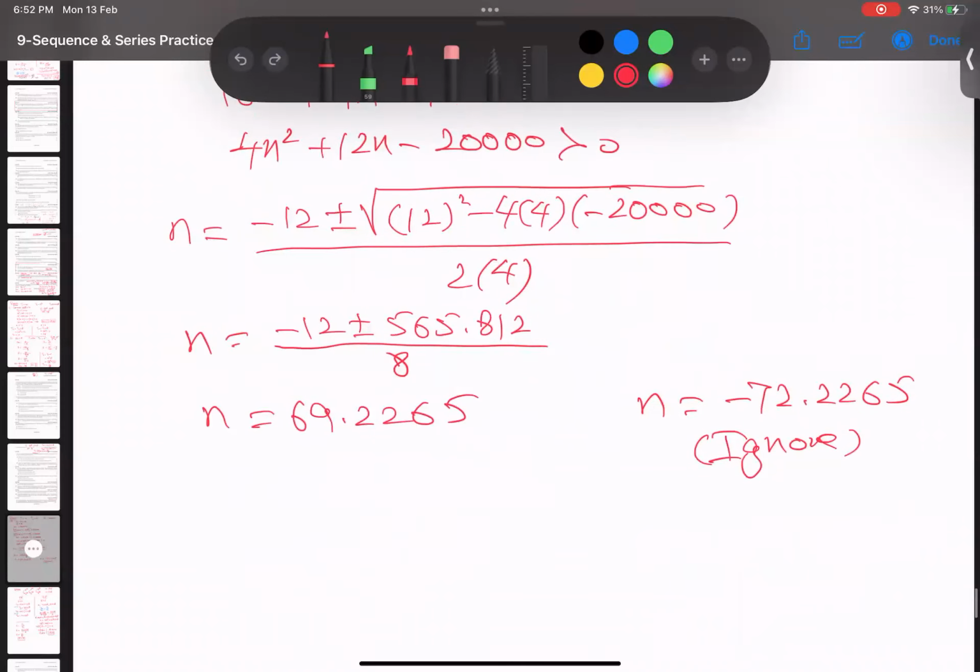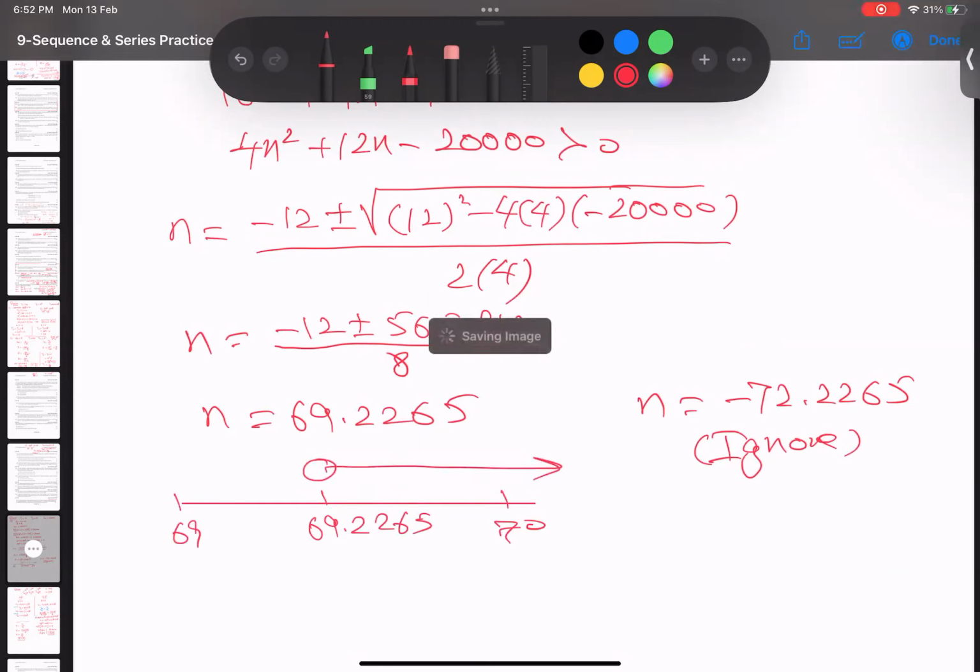If I draw a number line here, 69.2265 comes here, and here is 70, and here we have 69. So we need bigger than this, and naturally the first number that comes after this is 70, because he said bigger.